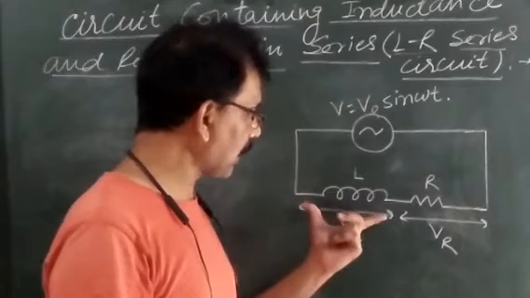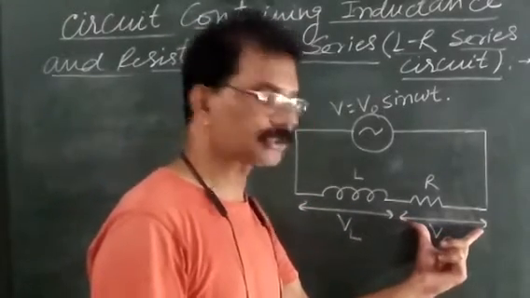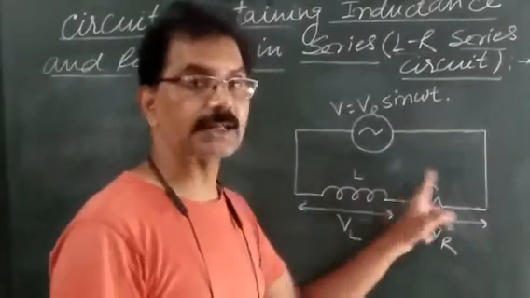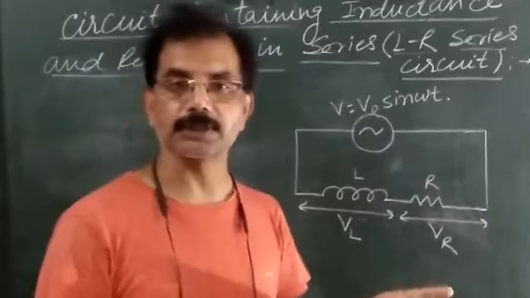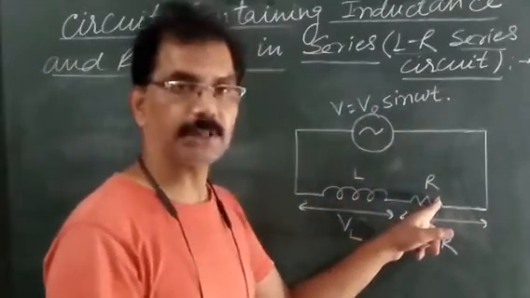And let the voltage across the inductor be VL and the voltage across the resistance be VR. Since both L and R are joined in series, the current remains the same. So current in L and R will remain the same.